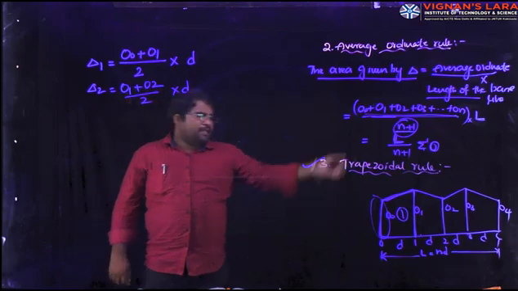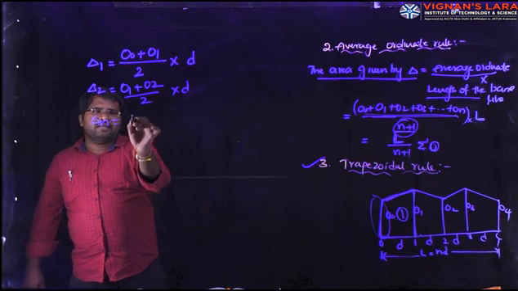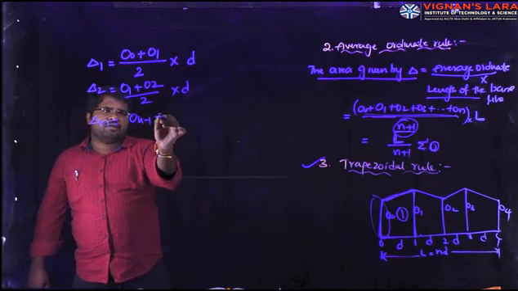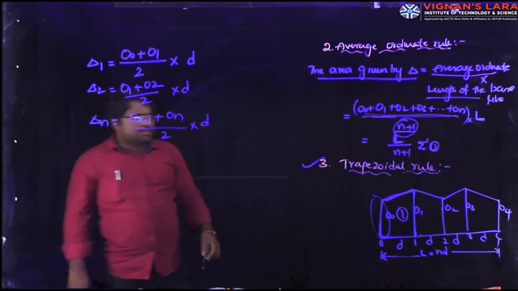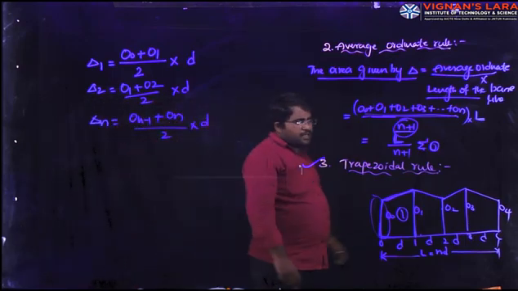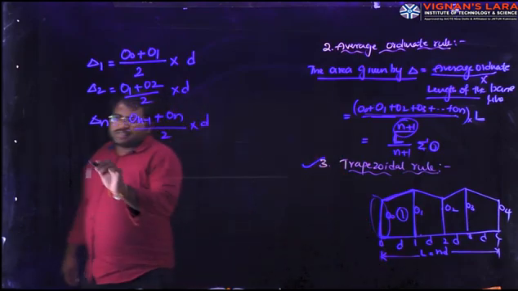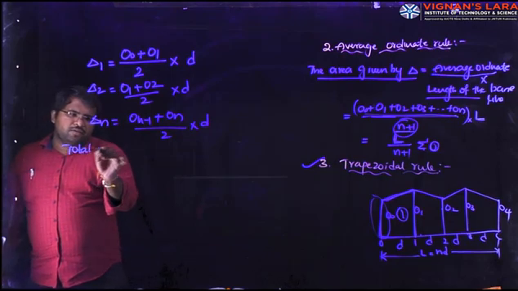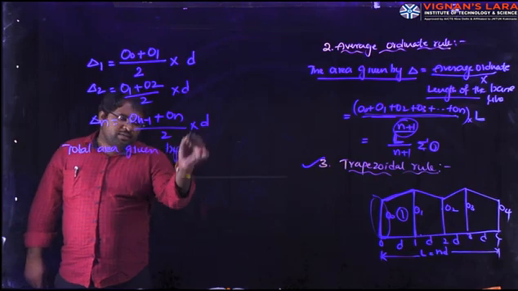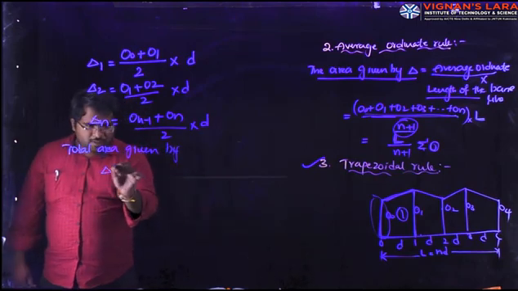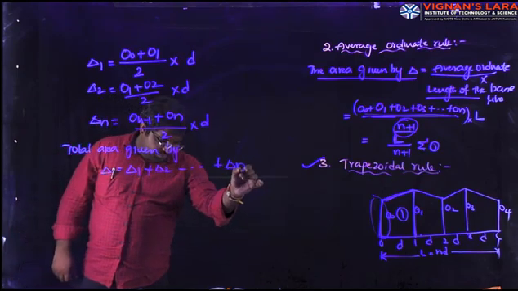Now the last one, delta n, equals On minus 1 plus On divided by 2 into d. This is the individual area of each trapezoid. The total area delta equals delta 1, delta 2 and so on up to delta n.